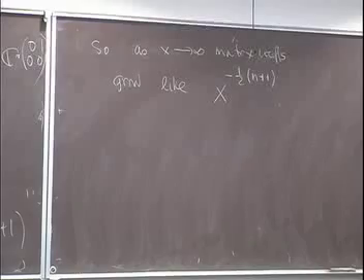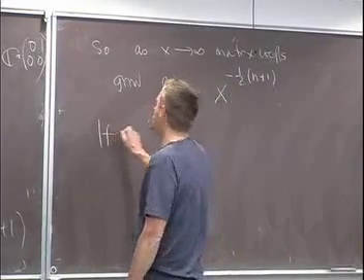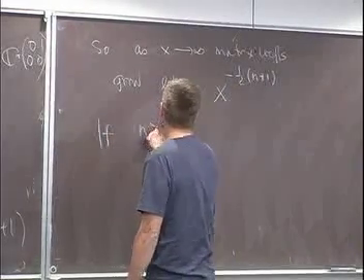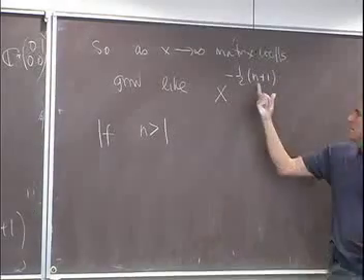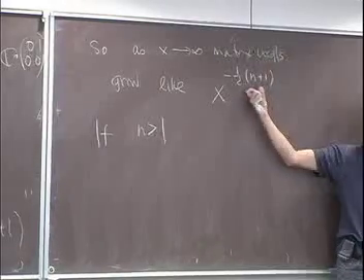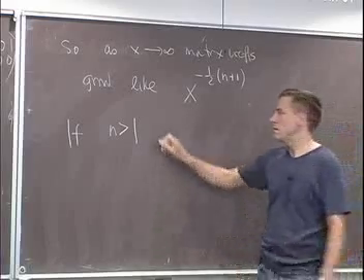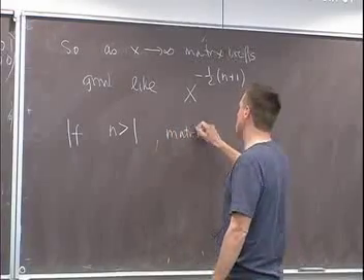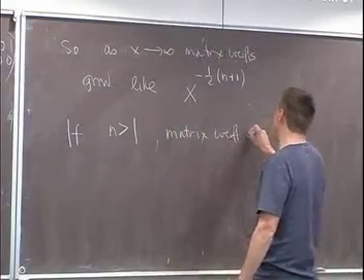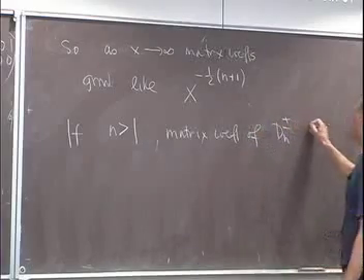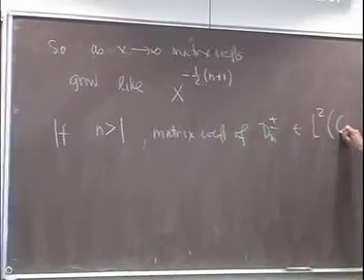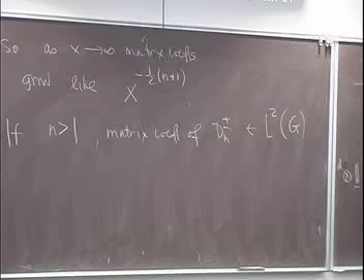So notice if n is strictly bigger than 1, this exponent is bigger than minus 1/2, so it's square integrable. Okay, so they're in L2 of SL2, so they die quickly.